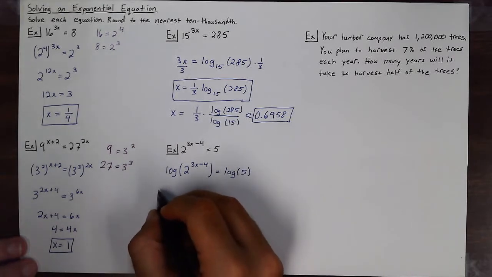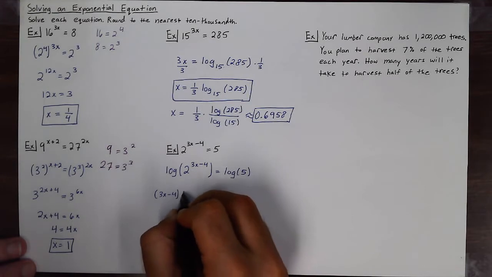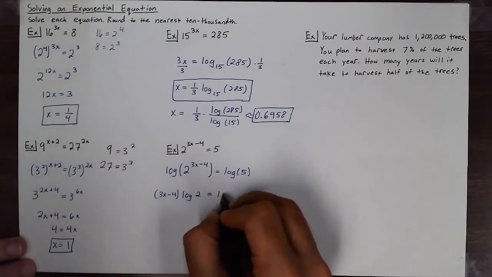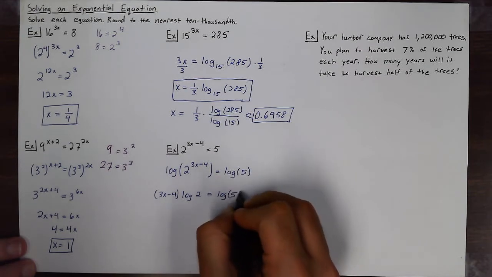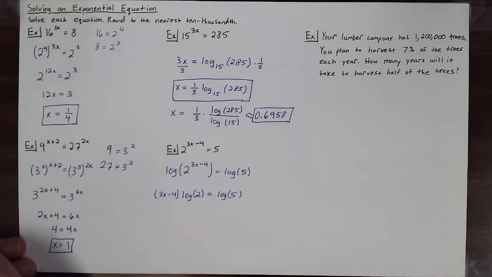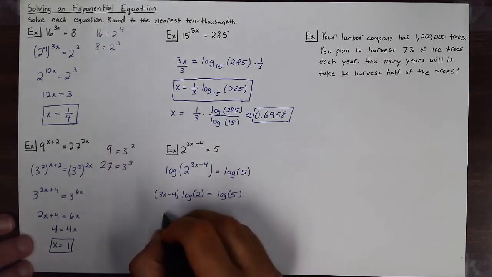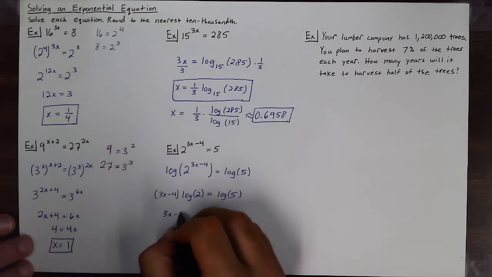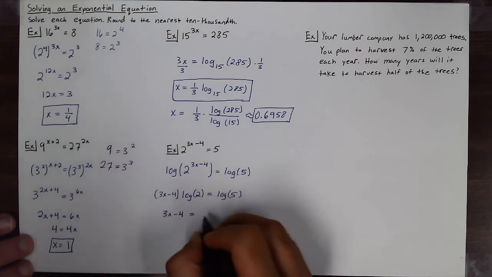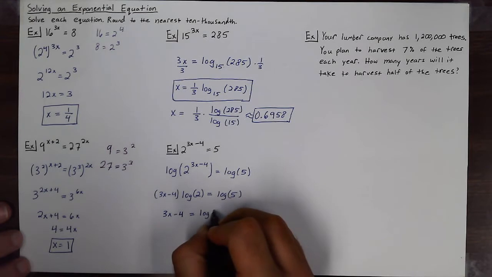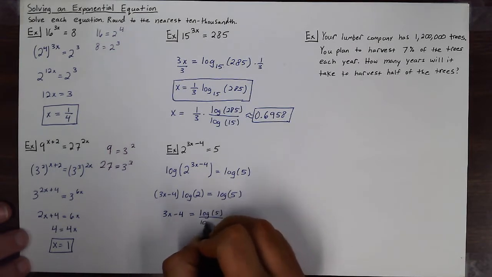So this will give me 3x minus 4 times log of 2 equals log of 5. And then I can continue to solve. I can divide each side by log 2, giving me log 5 divided by log 2.